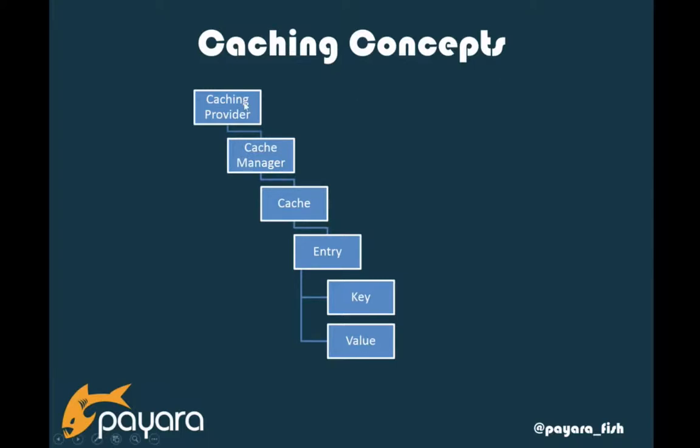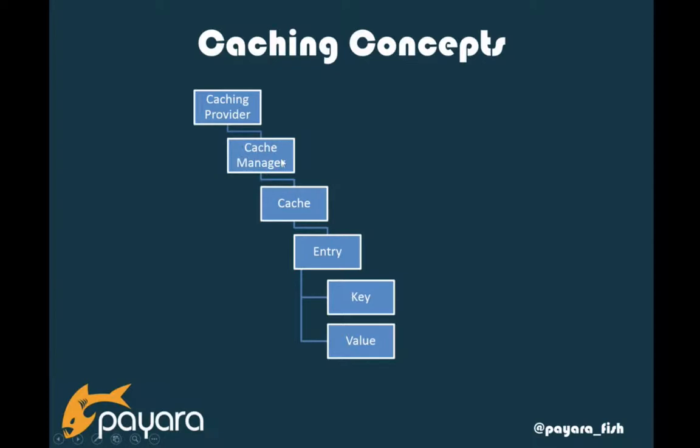We have a caching provider, which is a product level class, which in this case is Hazelcast. That is our provider of caching capabilities to the JVM. And in the case of Payara, that's embedded and shipped with the latest release of Payara.